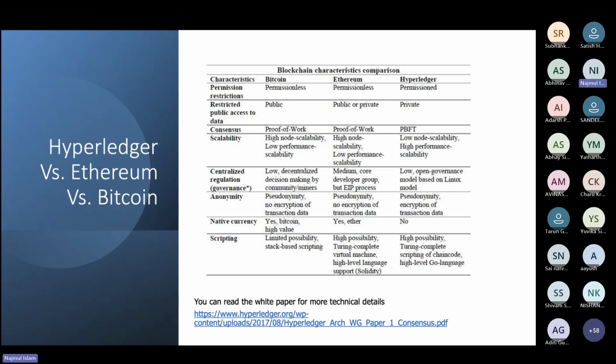Okay. And then for Hyperledger, because they are by default private and permissioned blockchains, and they don't really use proof of work, I think it's scalable and performance is high.